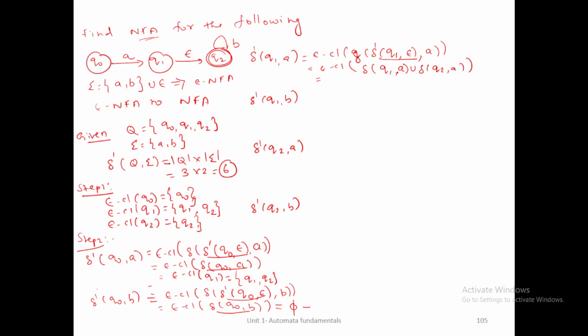What is Q1A? There is no value for Q1A, so the answer is phi. For Q2A, there is no value, so this also gives the phi value. Then Q1B: epsilon closure of tilde cap of Q1 epsilon comma B. Epsilon closure of tilde of Q1 epsilon is Q1 and Q2.